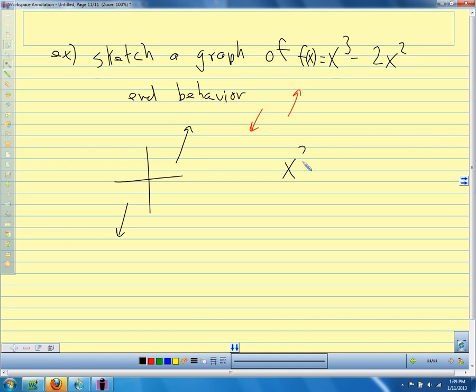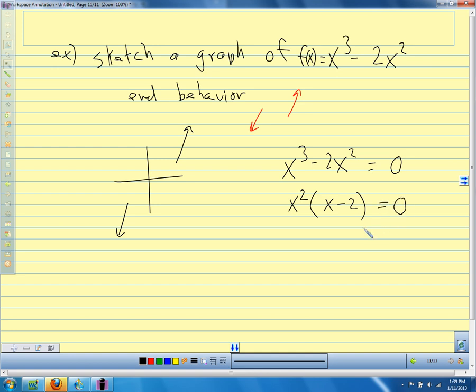So I'm going to say x cubed minus 2x squared equals 0. That's going to tell us where it crosses the x-axis. Now what can I do to solve this? How can I figure out where this equals 0? Factor out an x squared. x squared times (x minus 2) equals 0.